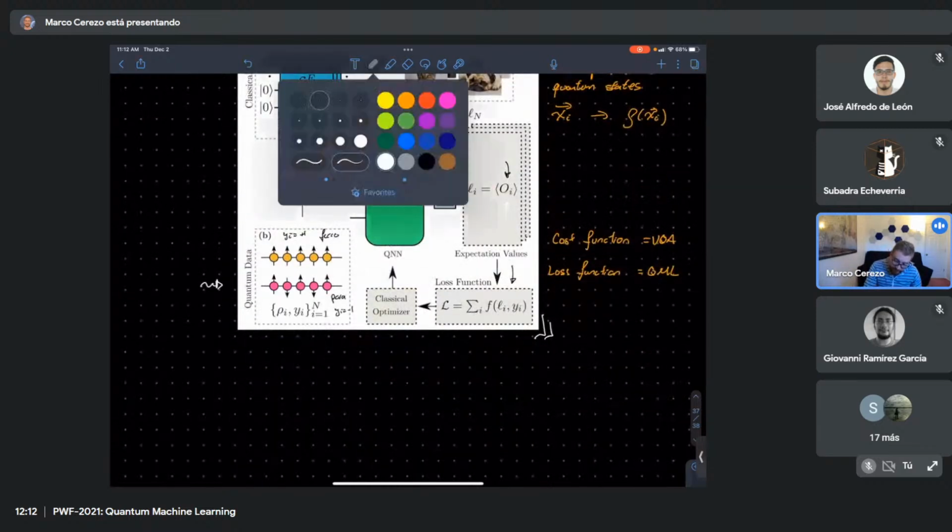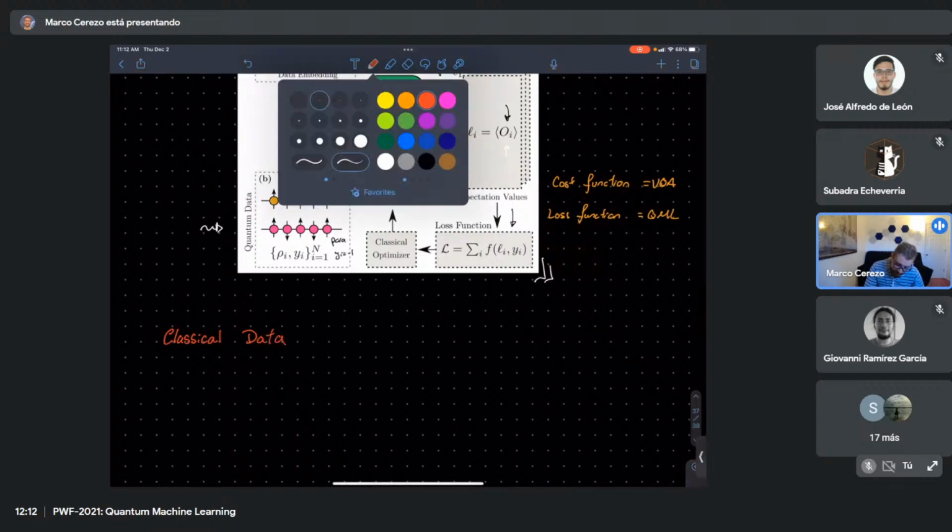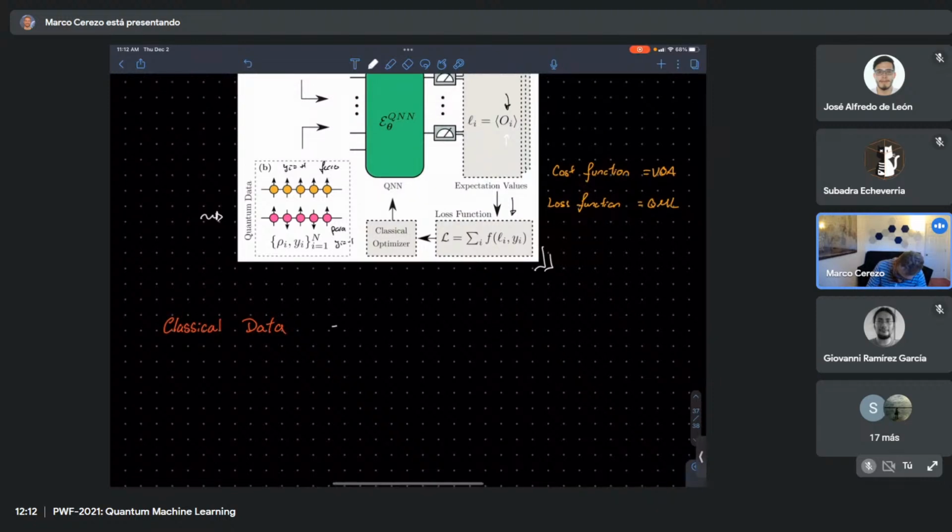So let us first consider the case whenever we're working with classical data. That's the top part of this picture. And here, we're going to assume that the data set is of the form (x_i, y_i), where these y_i are the labels.